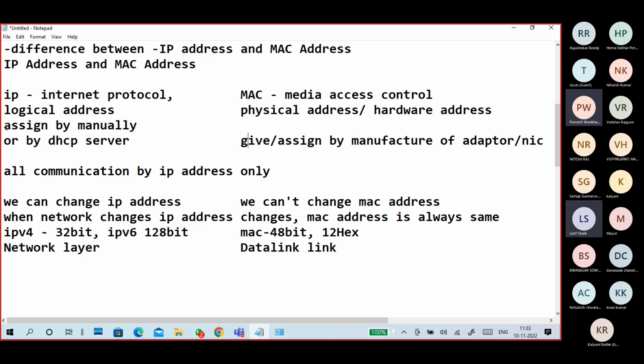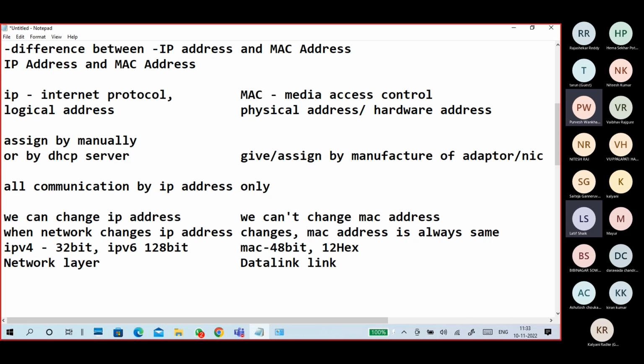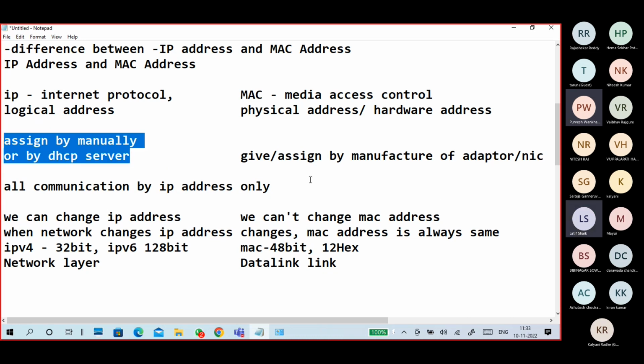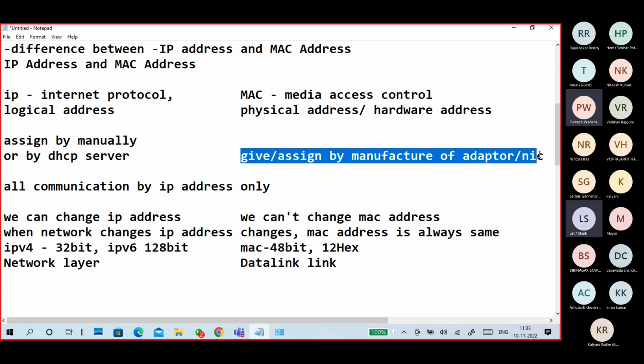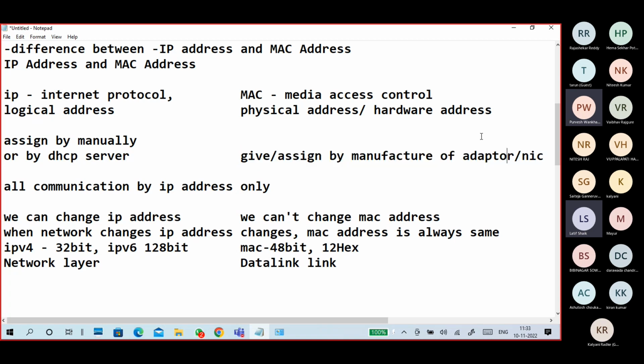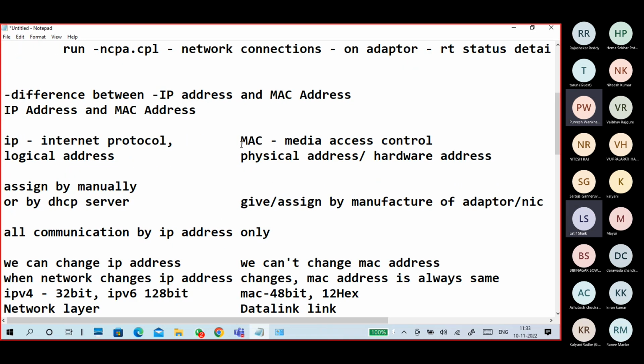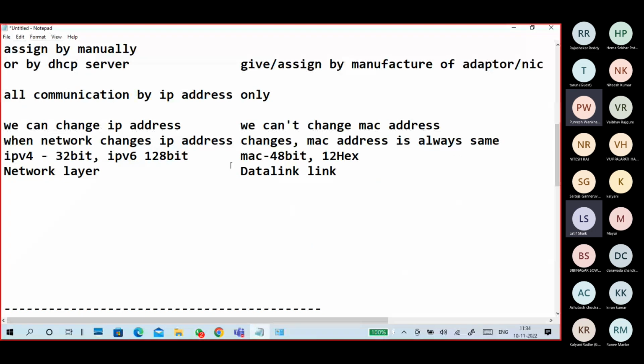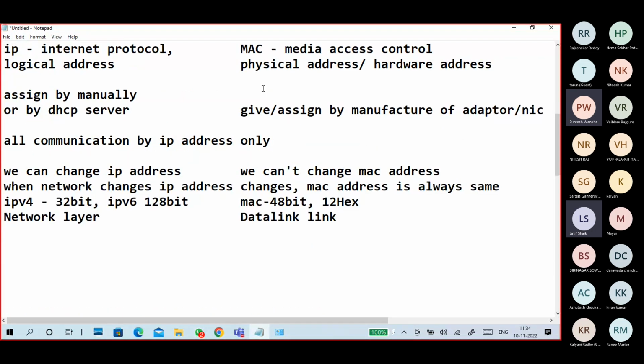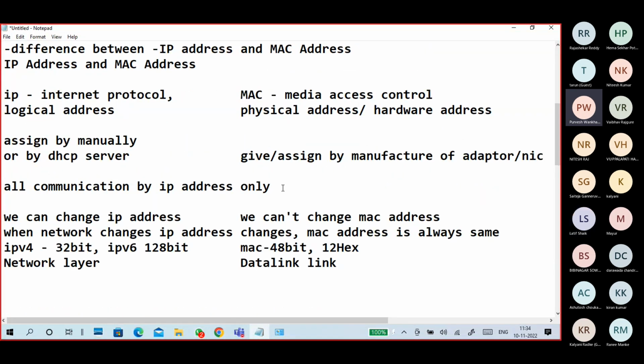We can assign an IP address manually or by a DHCP server. Here the MAC address is assigned by the manufacturer of that adapter or NIC. Wording only changes, guys. Most of the time, I use some word and one person uses a different word. We use a MAC address in communication, but we cannot communicate directly with the MAC address.